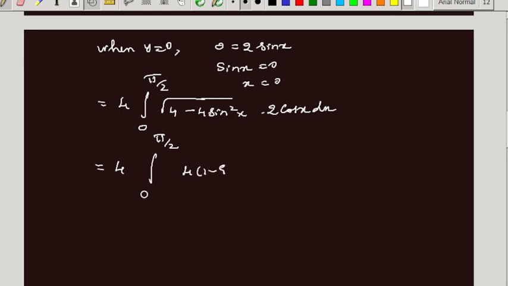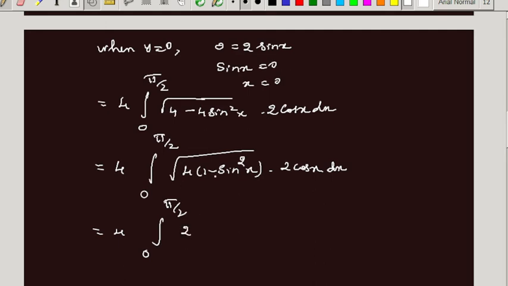We get square root of 1 minus sin square x into 2 times cos x into dx. Now 4 times integration from 0 to pi by 2. The square root of 4 is 2. 1 minus sin square x can be written as cos square x. So a 2 cos x into dx is there.